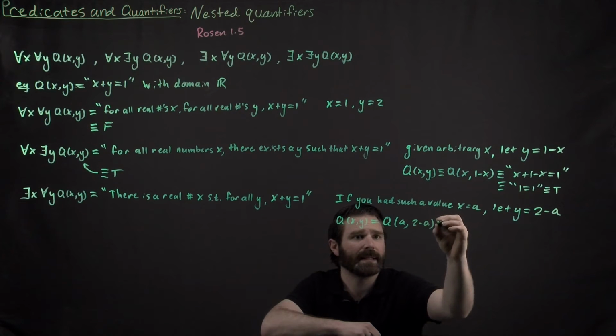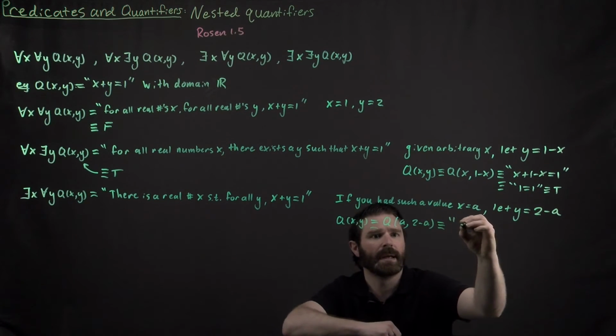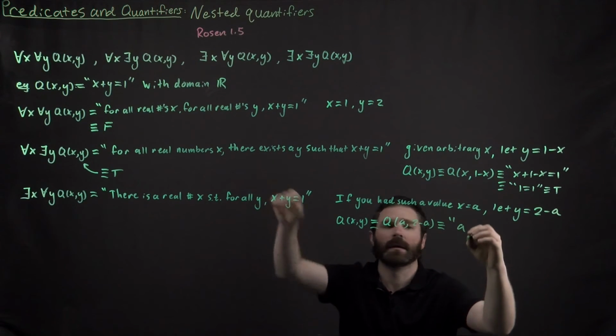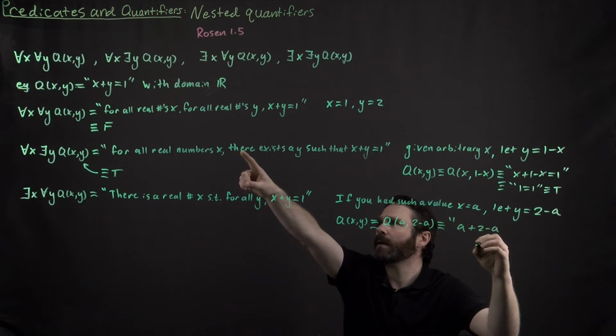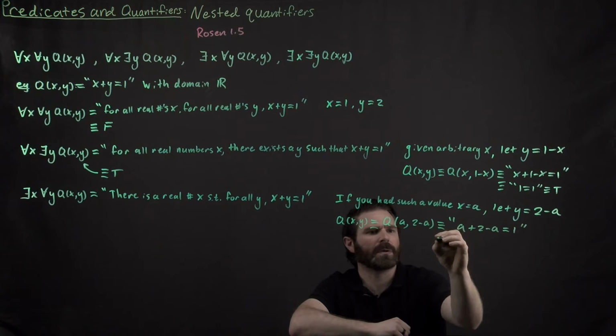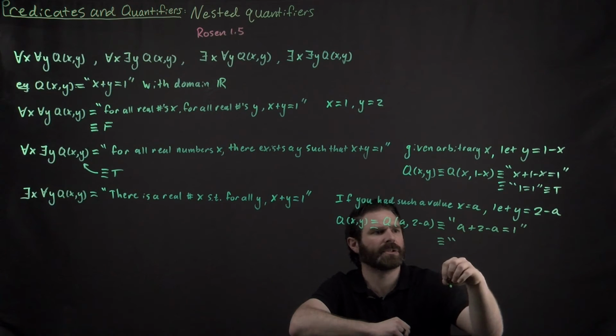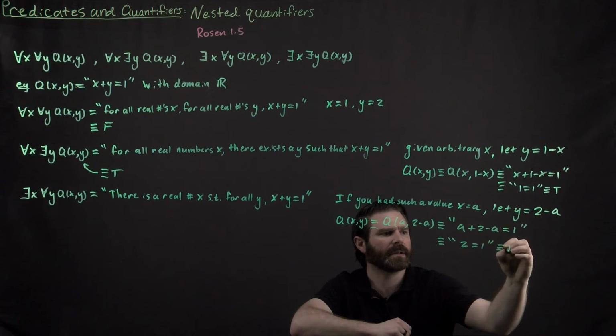Then this thing is going to be logically equivalent to the statement a plus 2 minus a equals 1. Ooh, uh-oh. This is logically equivalent to 2 equals 1. And that thing here is false.